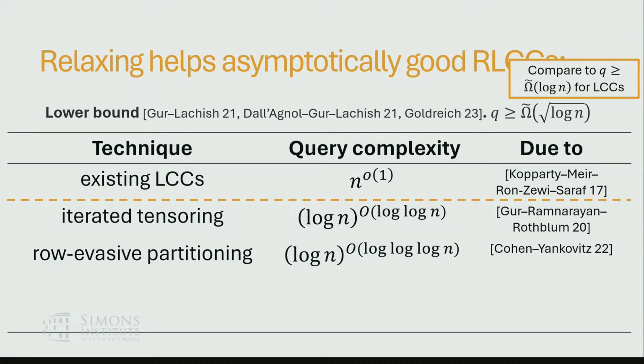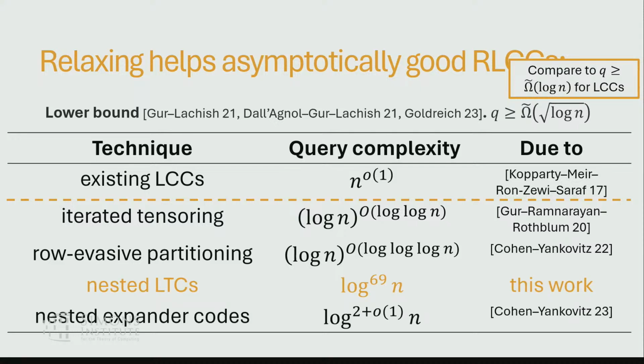So maybe the truth is that it's polylogarithmic, and what we're able to show in this work is that we get a big exponent, but that the lower and upper bounds are polynomially close to each other. And after our work, Gil Cohen and Tal Yankovitz were able to further reduce the exponent to 2. So now the gap is very small, especially compared to the full-fledged LCC setting.